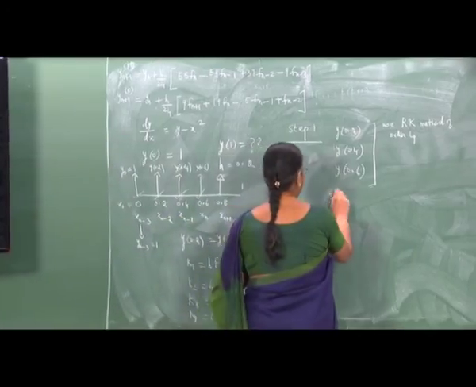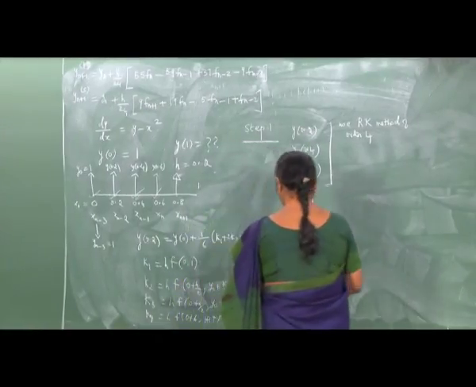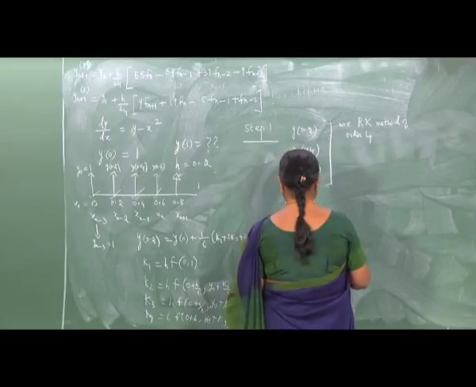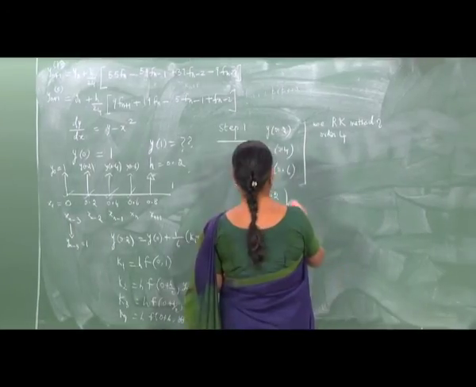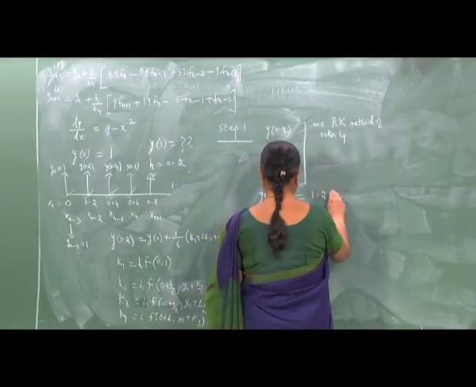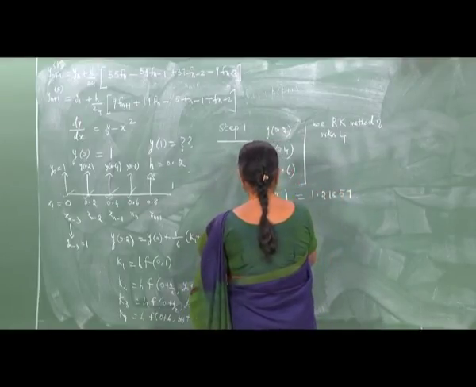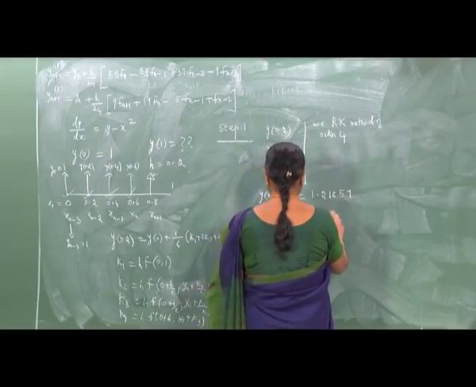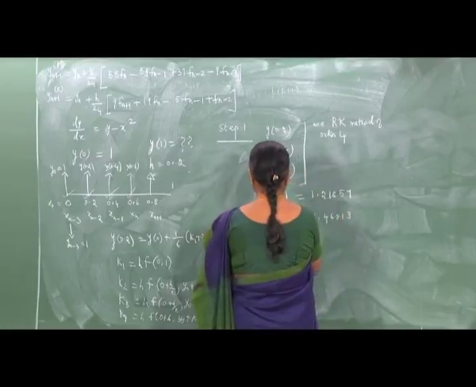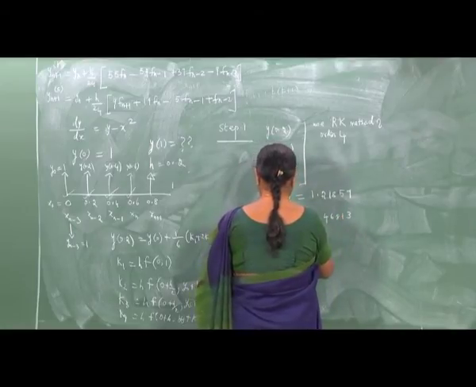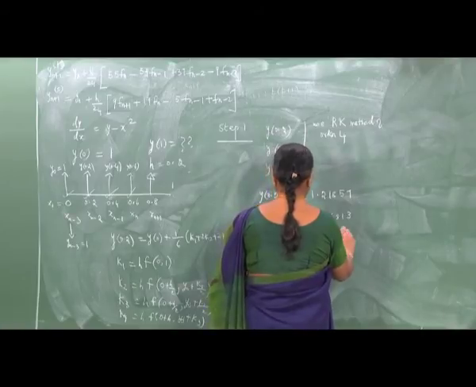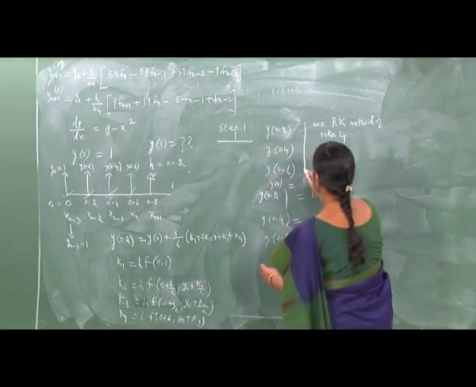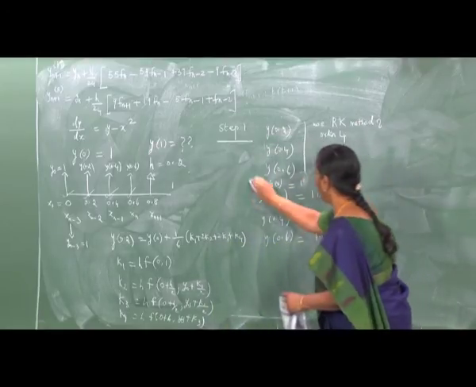So, when we do it by Runge-Kutta method, we get y at 0.2 to be 1.21859. y at 0.4 is 1.46813. y at 0.6 is 1.73779, and we already know that y at 0 is 1.